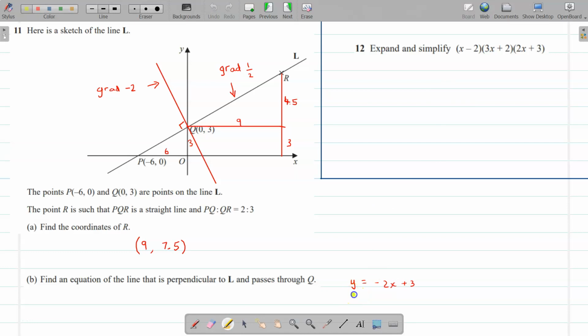Okay, next question, number 12. We have 3 brackets here to expand, so we start usually by leaving the left-hand one alone. So I'm going to write here x minus 2, and next to it the multiplication of the other pair of brackets using FOIL, first outer inner last.